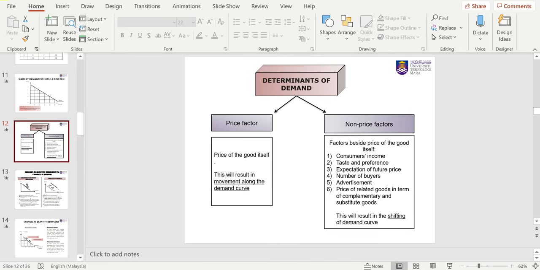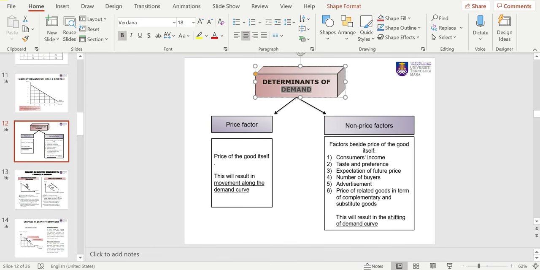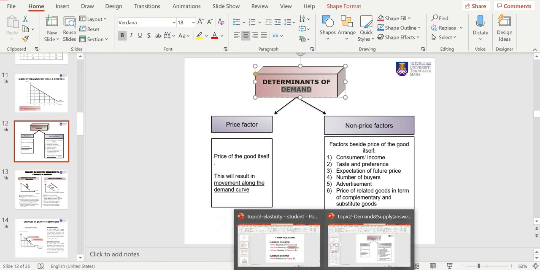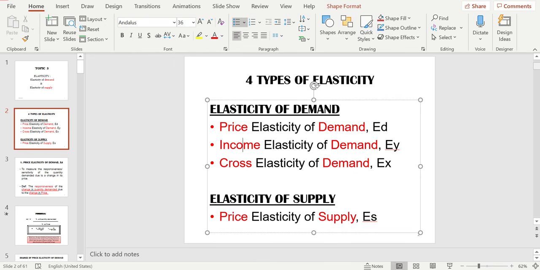Consumer's income is under the determinants of demand. Meaning, the consumer's income will influence the demand of the buyer. So here, in terms of income elasticity of demand, we would like to see how income affects the quantity demand, either it's responsive or less responsive. Okay, the sensitivity of quantity demand to income changes.